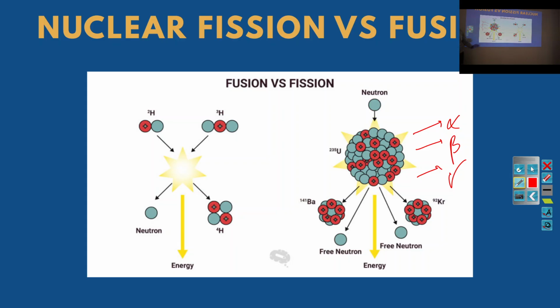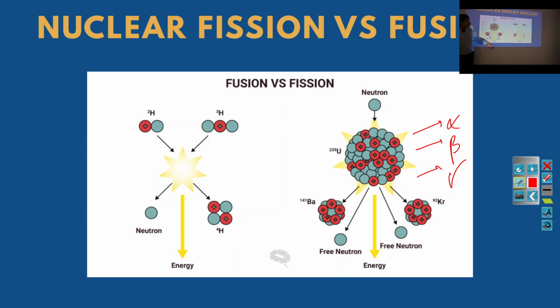In nuclear fusion, two lighter atoms combine to form one heavy atom. We saw this in the sun and stars, in the core of the stars nuclear fusion is happening. An enormous amount of energy is released there, but it is very difficult to achieve fusion here on earth. It requires very high temperature for fusion to happen.